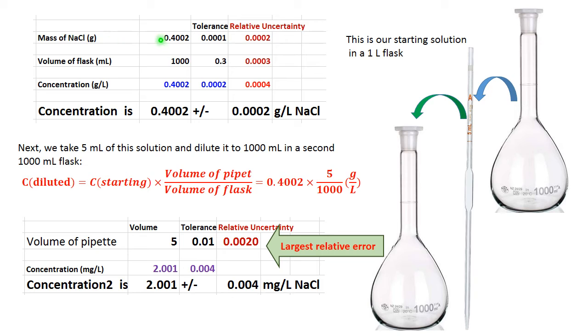So I'll weigh 0.4 grams, slightly different number because of experimental deviation. Tolerance is the same, relative uncertainty is different. Then I have a 1000 ml flask that has very small tolerance and very small relative uncertainty.